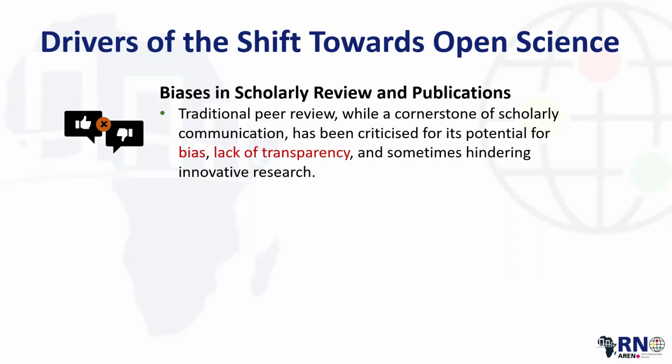If it comes from a specific country or a specific region, then it's automatically questionable and maybe not published. So this was a really big issue that affected innovation and research because it sort of hindered good science from being available and actually maybe pushed some junk science to be available.